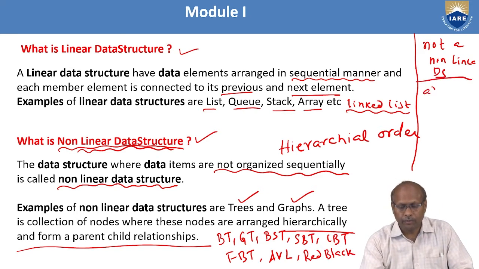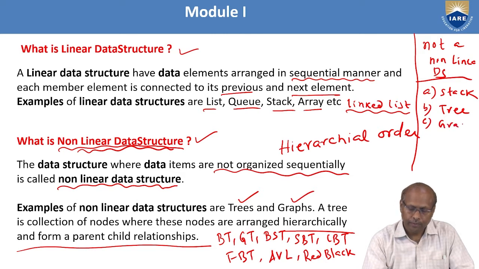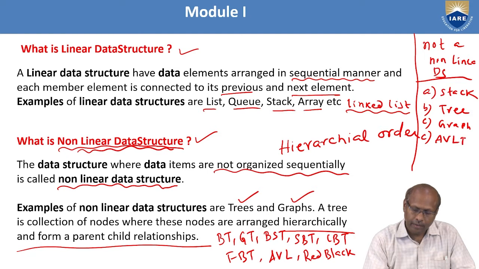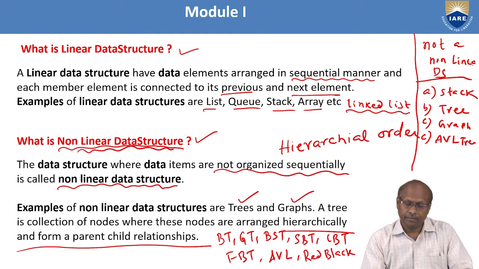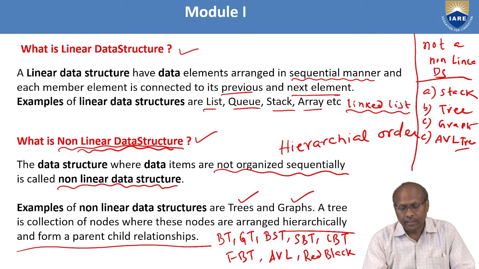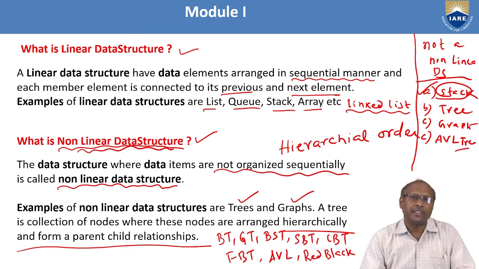They may give the first option, stack, next tree, next graph, next AVL tree. Which one is not a non-linear data structure? Tree is non-linear. Graph is non-linear. AVL tree is non-linear. Only the stack is linear. That's why the answer is A. So this way you can answer. Okay.